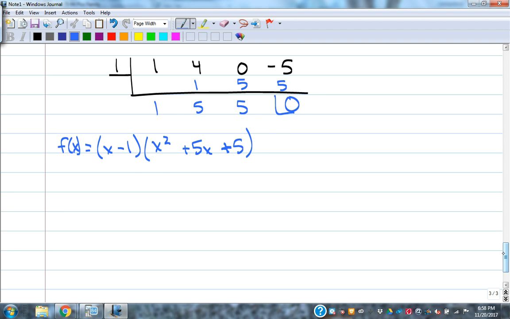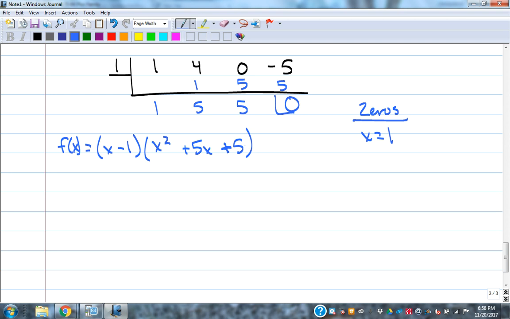It doesn't factor. But we're not looking for factored form here. We're looking for zeros. We already know that one zero is x equals 1. We should be finding 2 more. Those other 2 should come from this guy, the x squared plus 5x plus 5. How do we find them if that doesn't factor?